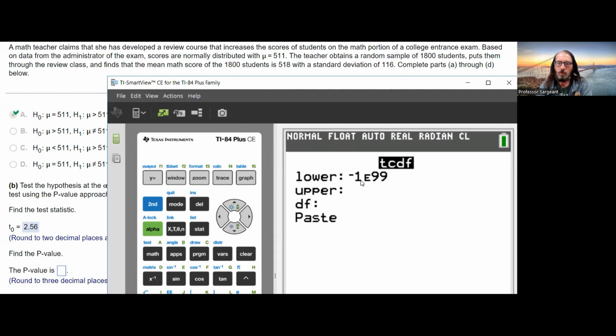2.56, and it keeps on going to the right to infinity, putting in the largest number that the TI-84 can handle. The sample size was 1,800, so there are 1,799 degrees of freedom.